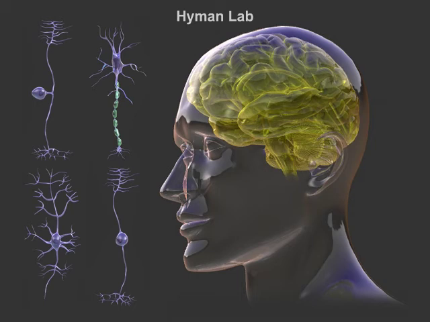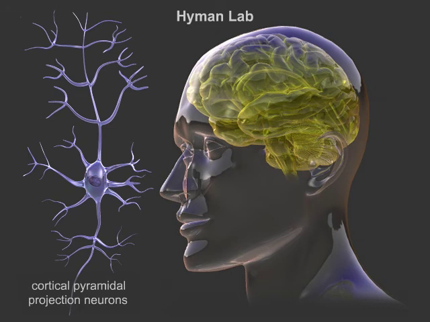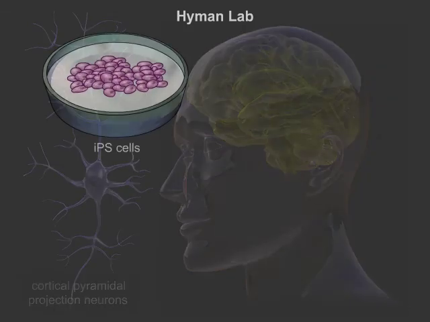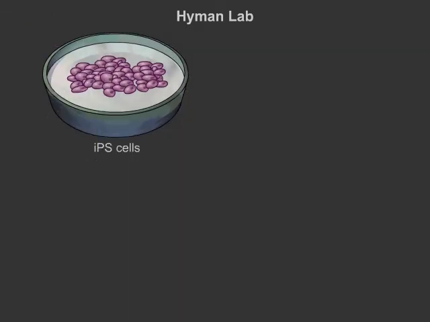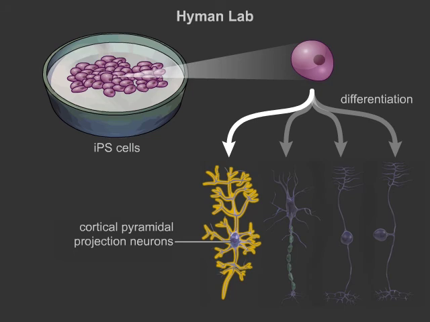If we can readily study neurons, specifically cortical pyramidal projection neurons that are found in the brain, we might be able to learn more. We are refining a procedure to differentiate induced pluripotent stem cells, or iPSCs, into cortical pyramidal projection neurons. Our main problem is that we need these specific neurons to study.